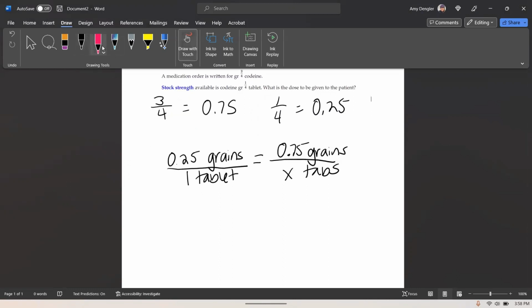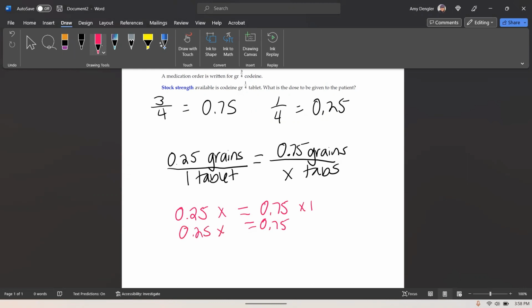So we're going to do just like we did in the other example. We're going to go 0.25x equals 0.75 times 1, which we know is just 0.75.